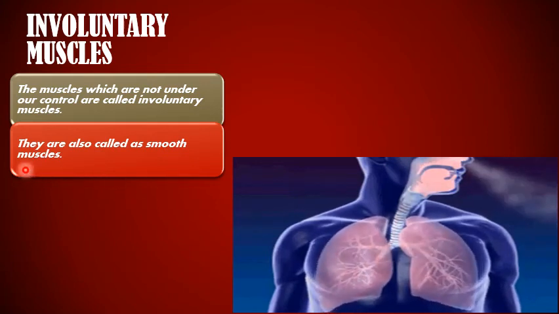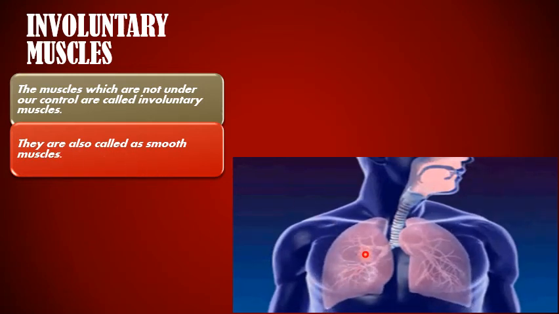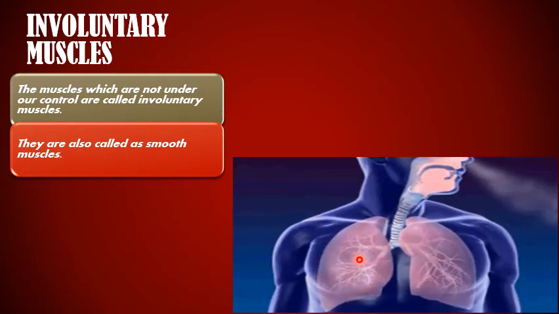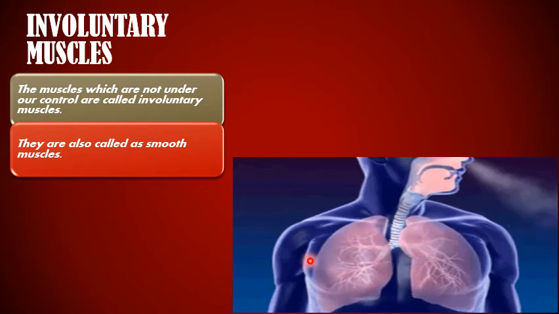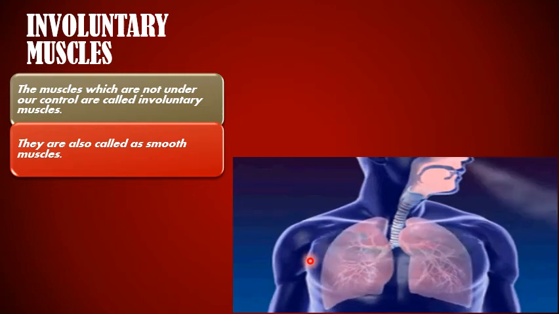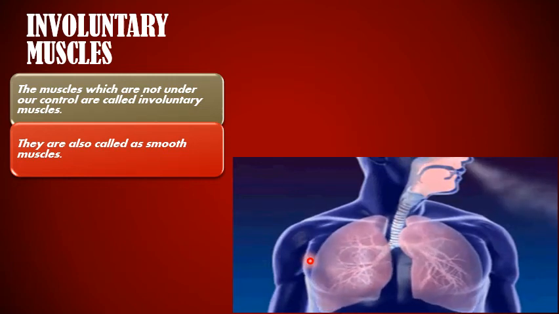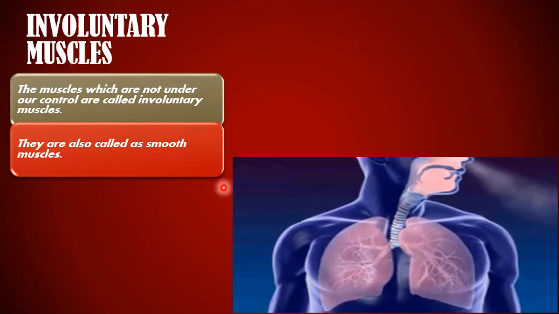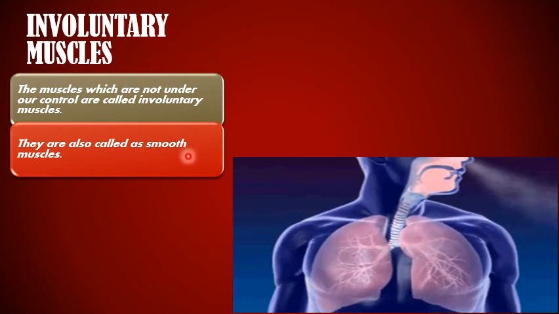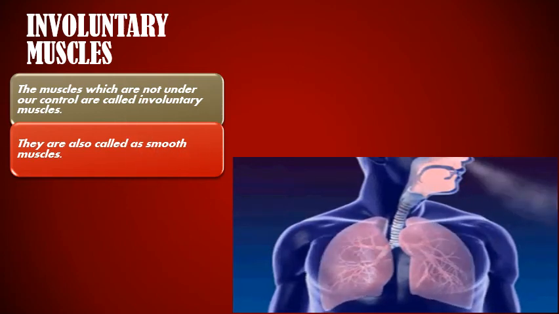No. And they are called smooth muscles because they are not attached to the bones. As we were saying, voluntary muscles were called skeletal muscles because they were attached to the bones. Involuntary muscles are smooth. They are not attached to the bones, so they are called smooth muscles as well.